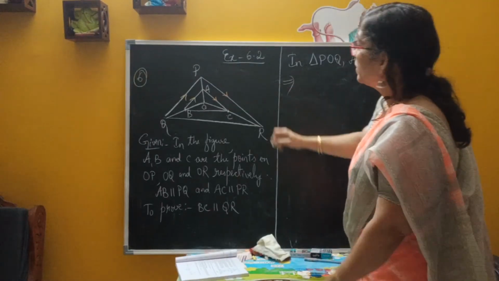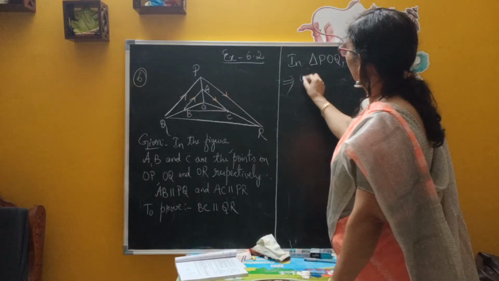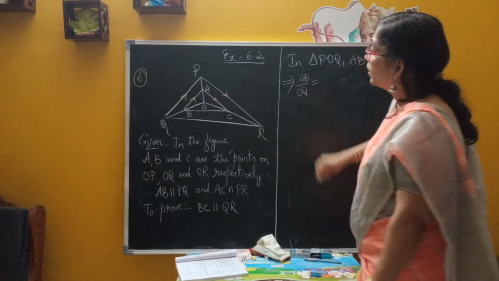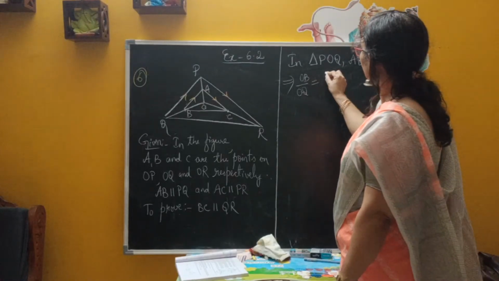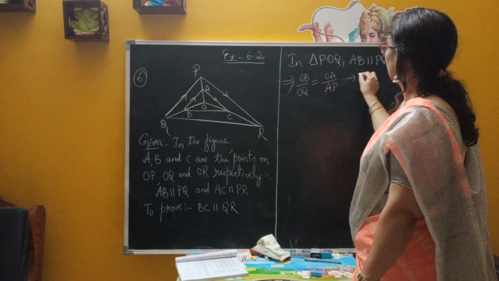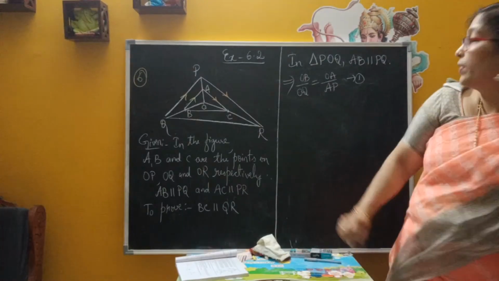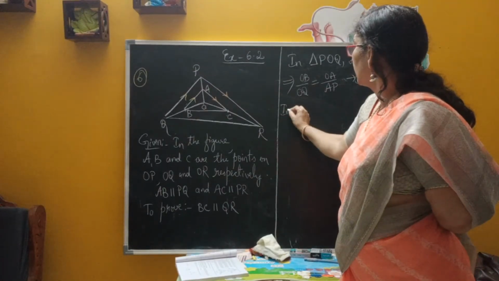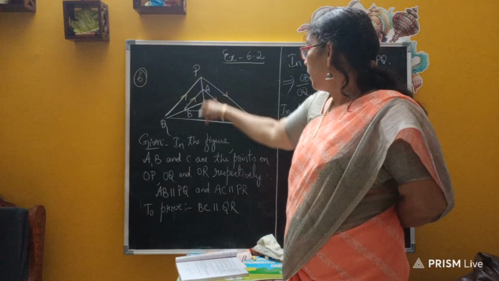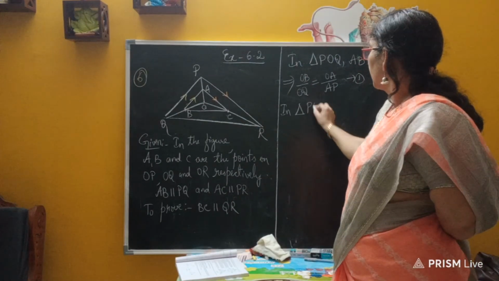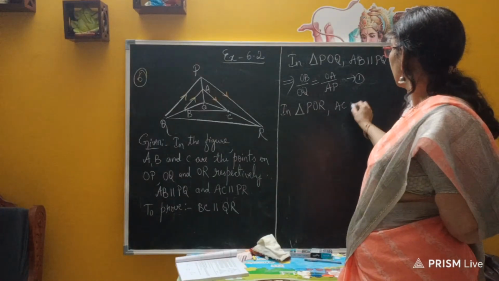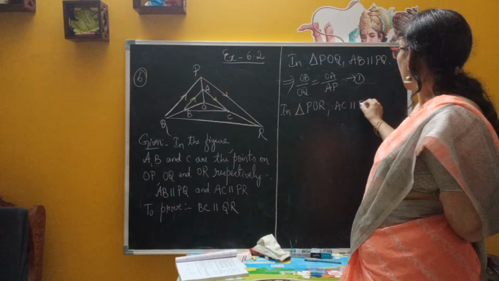This implies OB by OQ is equal to OA by AP. Equation 1. Second, in triangle POR, the parallel sides are AC and PR.